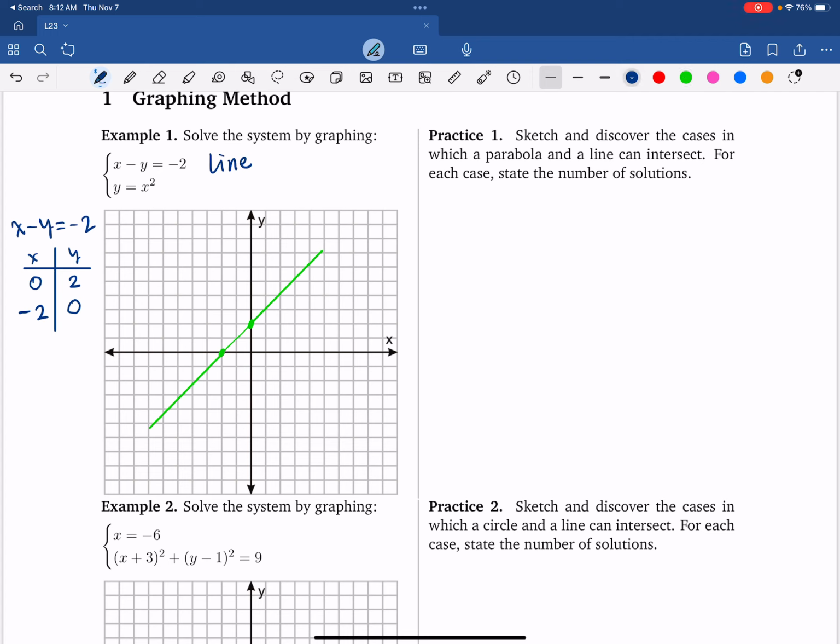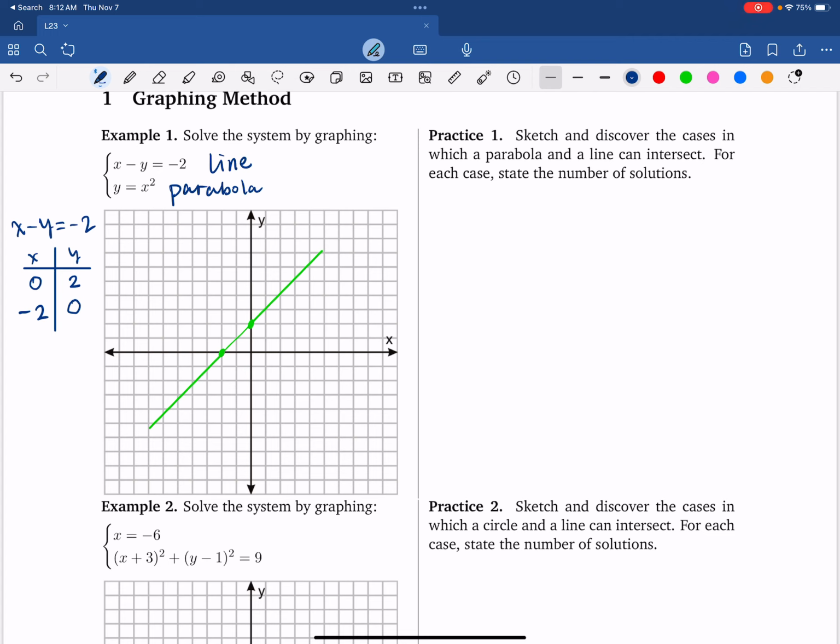The second equation is y equals x squared. This one is a quadratic equation, so you know the graph of a quadratic equation is a parabola. And it's a vertical parabola, so it's either going to be a happy face or a sad face. Since the coefficient of x squared is positive, we're going to have a happy face.